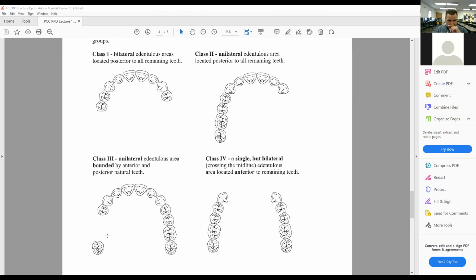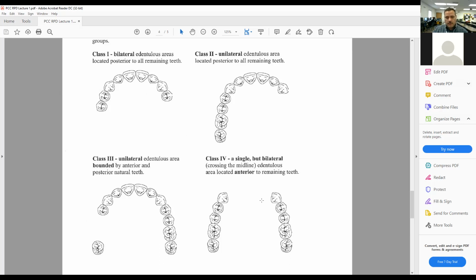For class 3, we have a tooth in the back. We have a missing area, but there's a tooth here and a tooth here. So this partial denture will be suspended by teeth. So this one will be easier for us and easier for patients because it's gonna be stabilized by the teeth. And they made class 4.